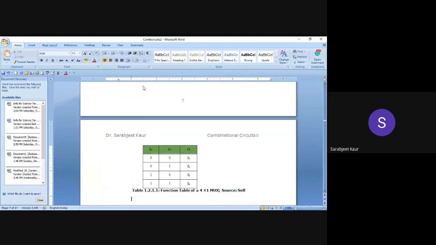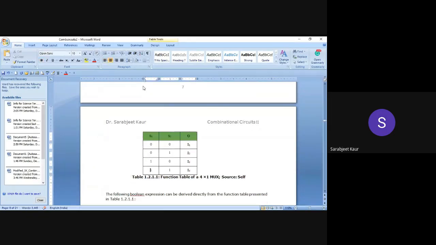This function table lists the value of the two selection lines, that means the binary combinations of the selection variables S1 and S2 that we can give, and the corresponding input line that will be selected as the output.